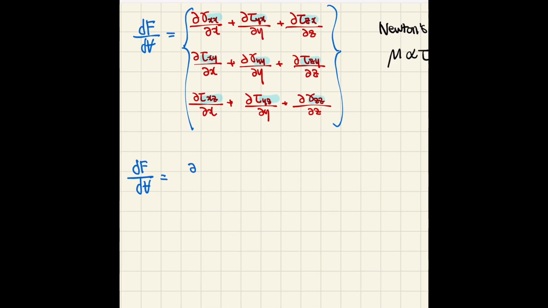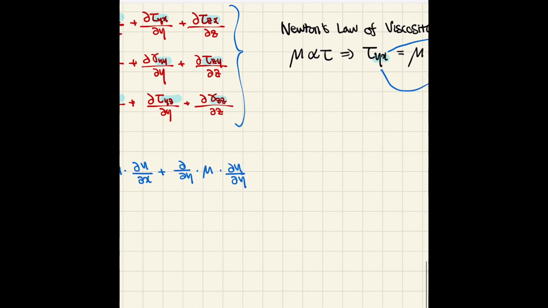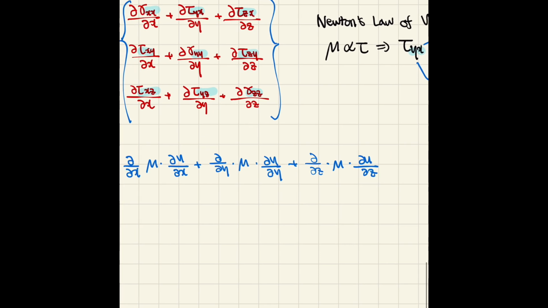Partial x mu times partial u partial x plus partial y times mu times partial u partial y plus partial z. There we go.